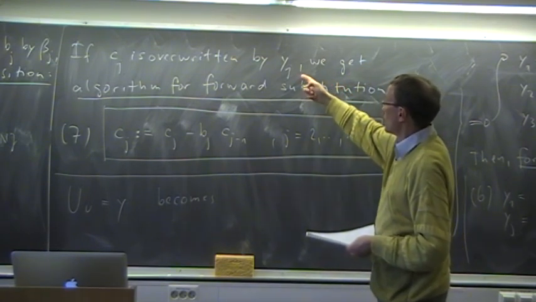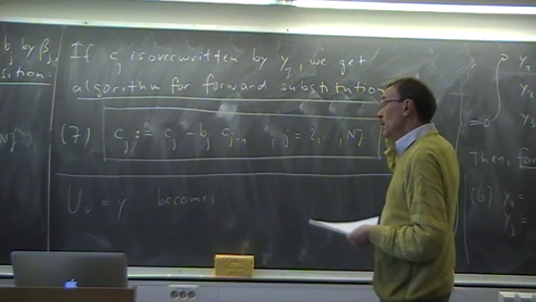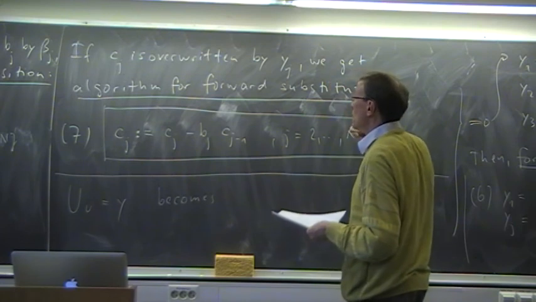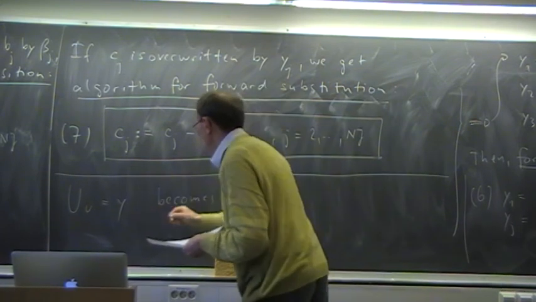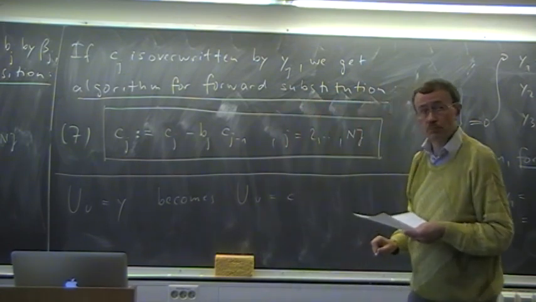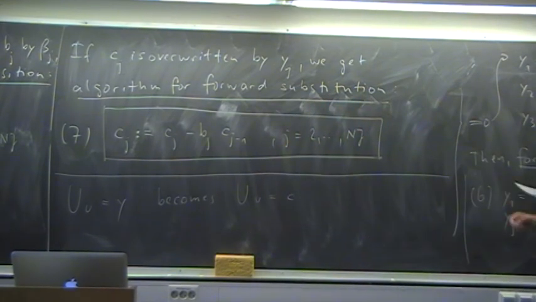So c is overwritten by y. Let's see. Yeah. So then that becomes u equal to c. So then we have to solve this. And that will be then done by backward substitution.